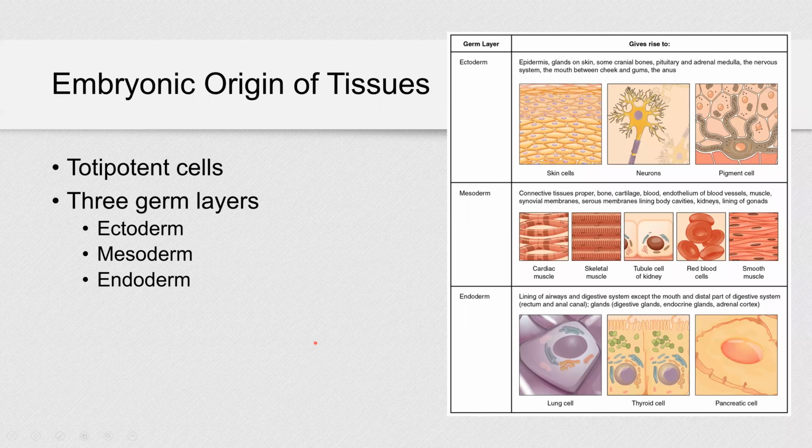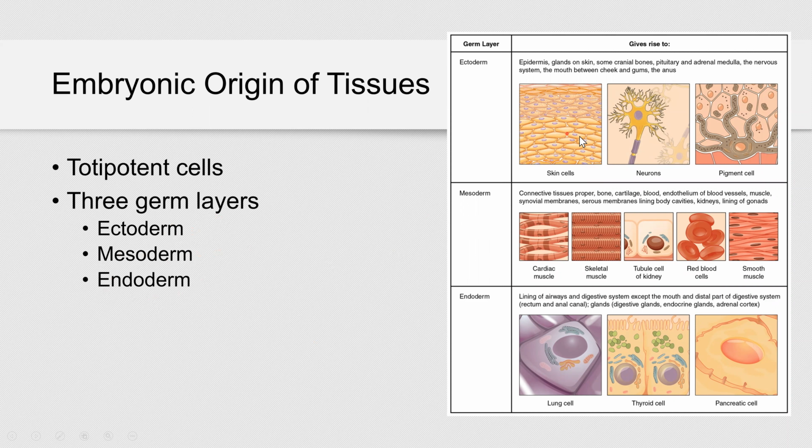Now, during embryonic development, the cells will differentiate into three germ layers first: ectoderm, mesoderm, and endoderm. Then all your organs and organ systems will develop from these three germ layers.